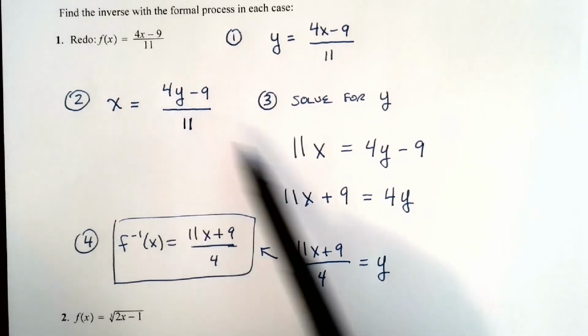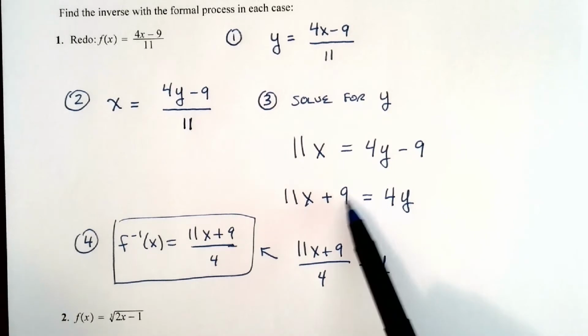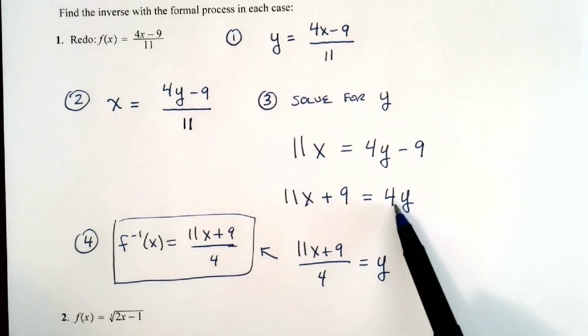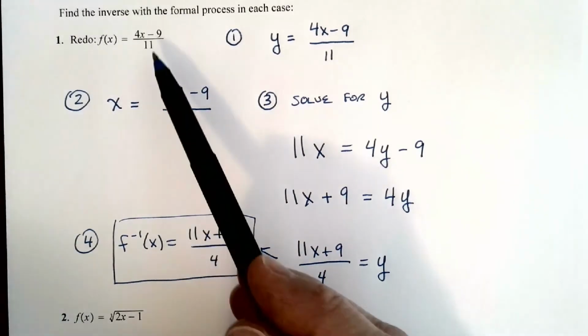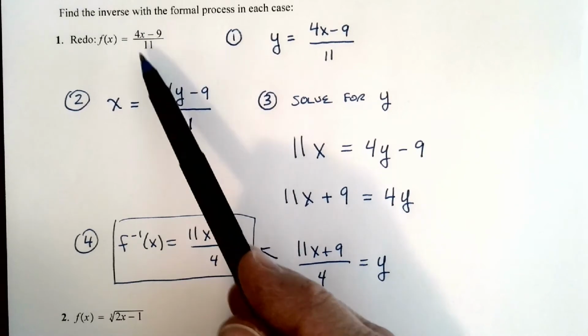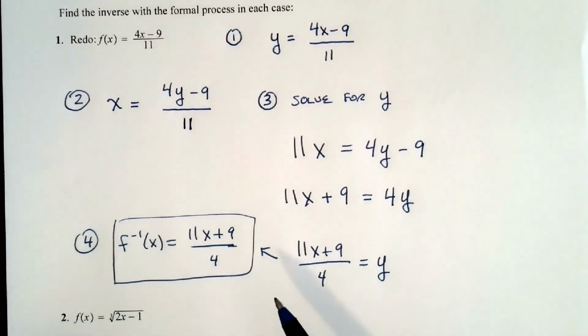We multiplied both sides by 11, right? Then to get rid of the minus 9, we added 9. And then finally to get rid of the multiplying by 4, we divided by 4. So I'm doing the reverse order of these operations and doing the inverse operation in each case. But this is a formal approach, and this will always work, and it's very nice to use.